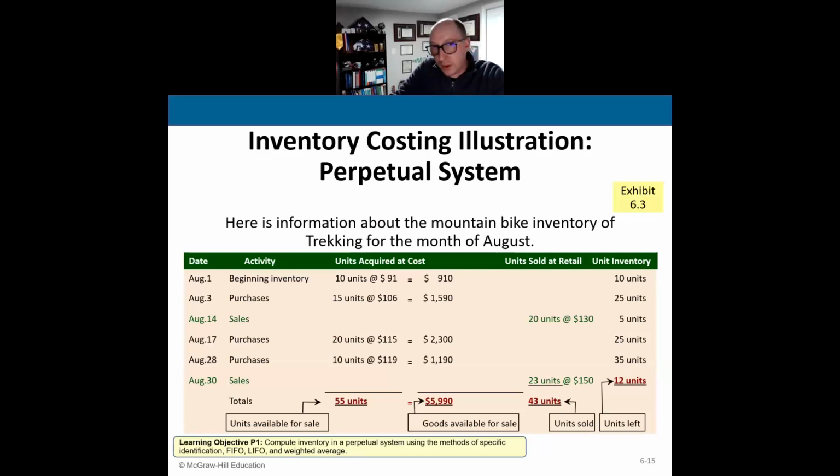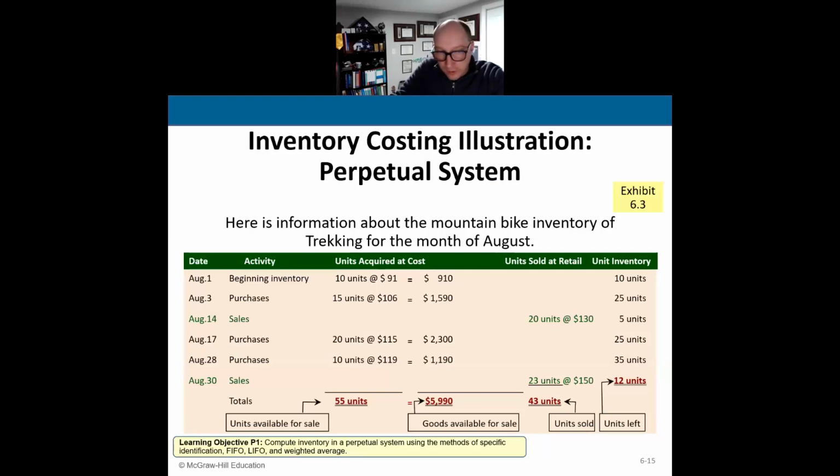At the very bottom of this graph, you'll notice we have the total purchases of mountain bikes we made throughout the month, total of 55. Well, it's the purchases plus beginning inventory. We also see our total inventory value throughout the month, $5,990.